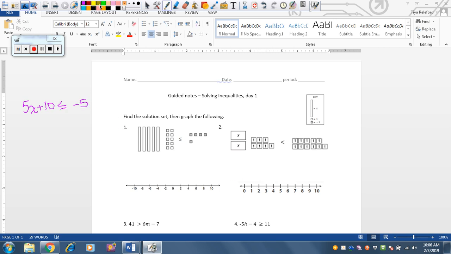So I know you already know this, but just in case you're going to forget, subtracting 10 is your first step. Negative and negative is going to give you more negative. So if you put a 5 down here, you're going to be wrong.